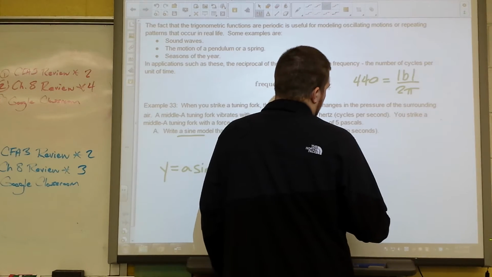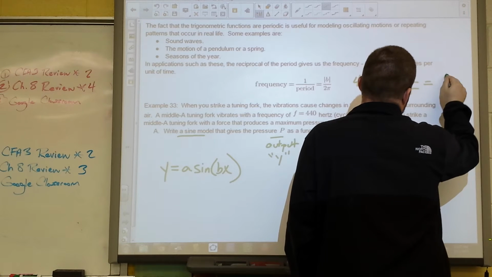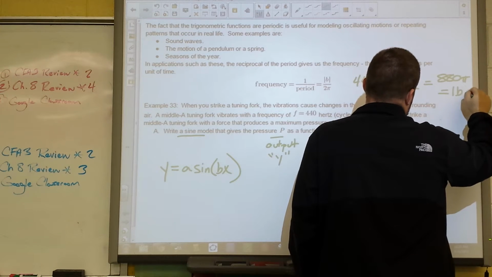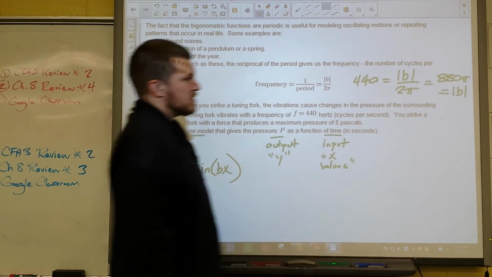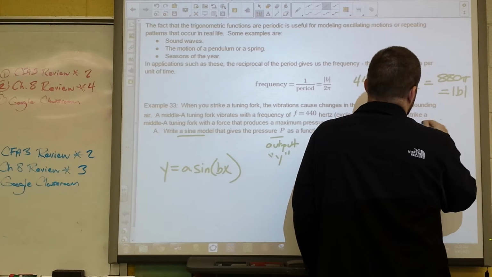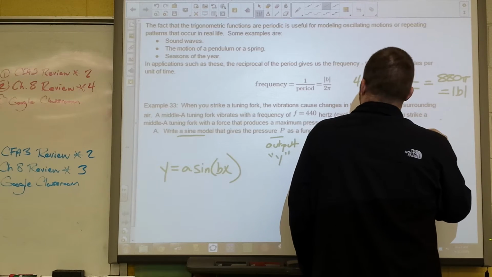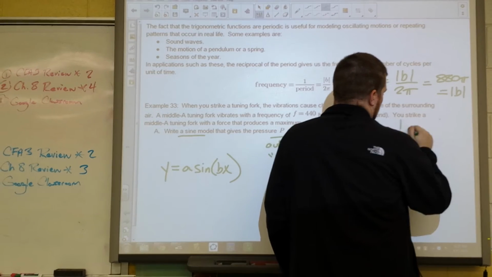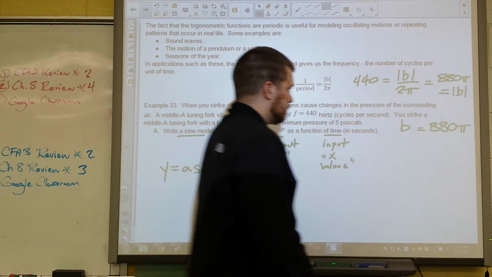So I have 880 pi is equal to the absolute value of b. Okay. And so that's positive. I know that's a positive number. So b is equal to 880 pi.